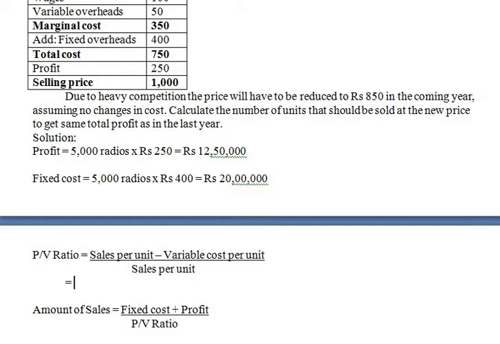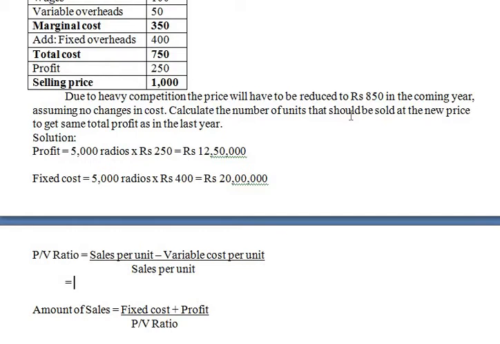Now PV ratio is sales per unit minus variable cost per unit, divided by sales per unit. Sales per unit we know. Due to heavy competition, the price will have to be reduced to rupees 850 in the coming year.